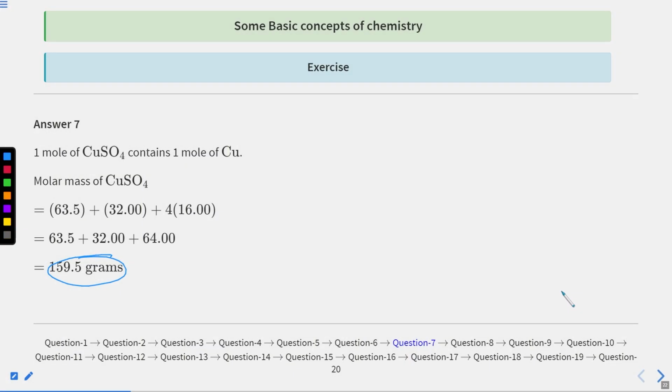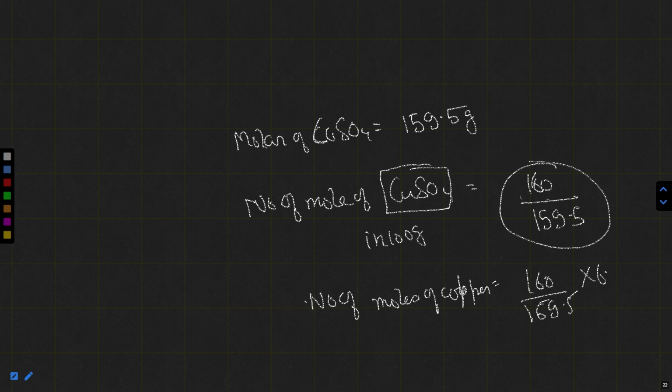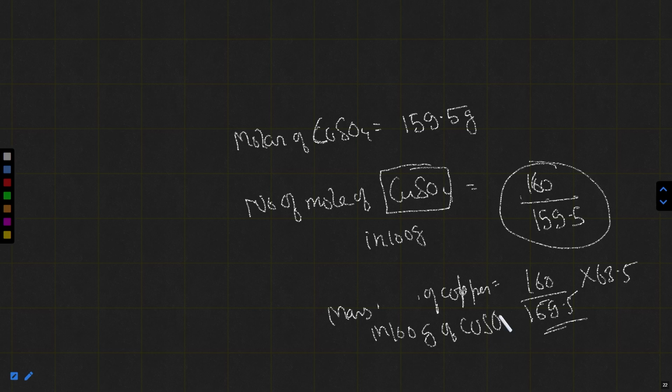Once we get the number of moles, if we multiply it by the molar mass, that is 63.5, then it would give you the mass of copper in 100 gram of CuSO4. Is this clear?